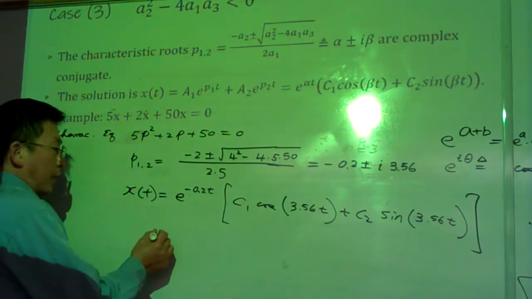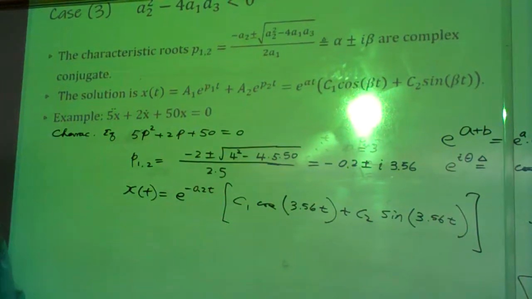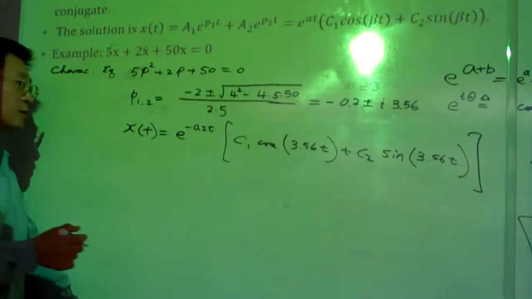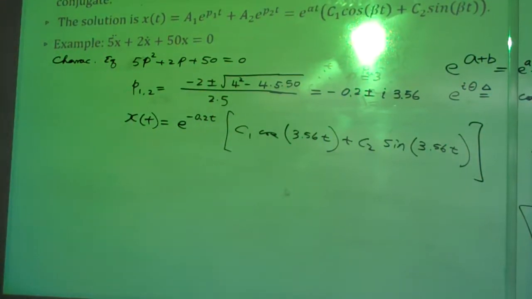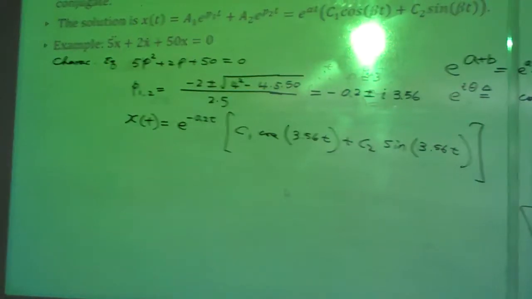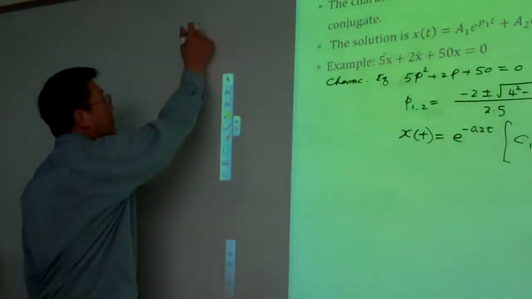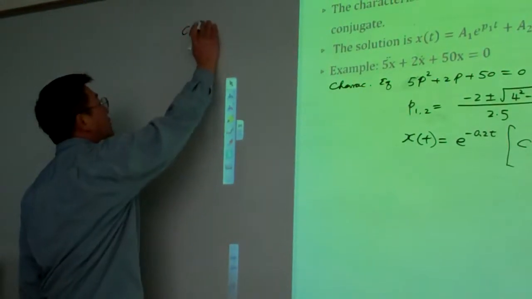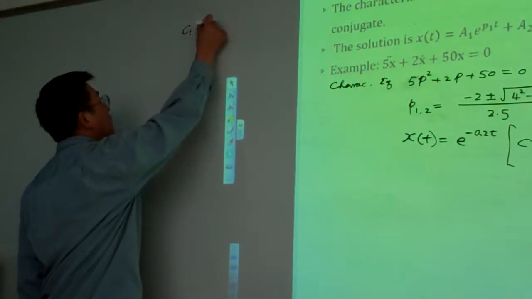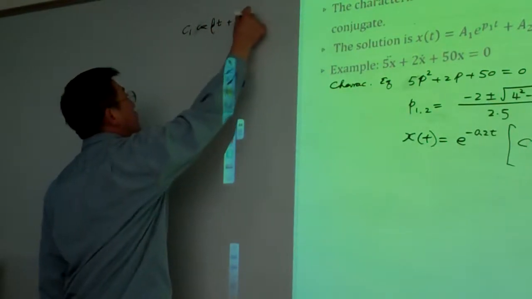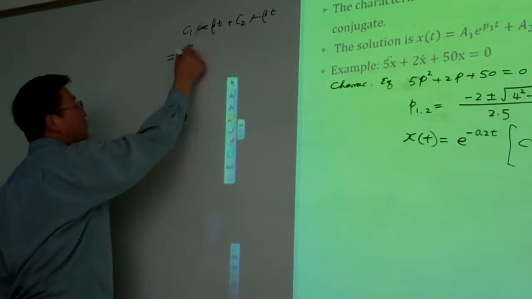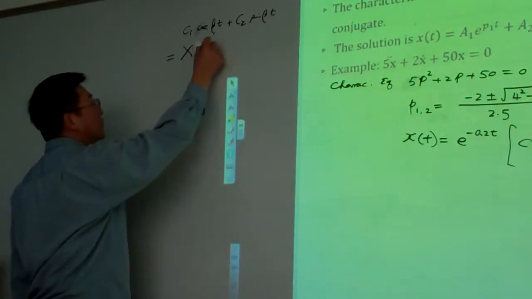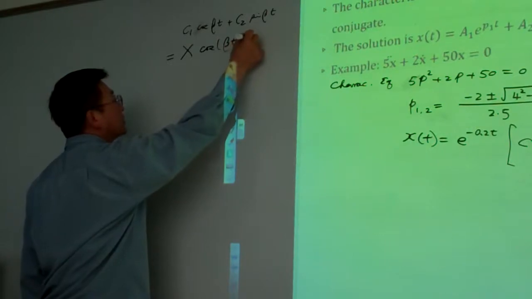And here, let me do a little bit more of the derivation. Earlier in your homework, you had this exercise: C1 cosine beta t plus C2 sine beta t. In this way we can express this as capital X cosine of beta t minus phi, right?